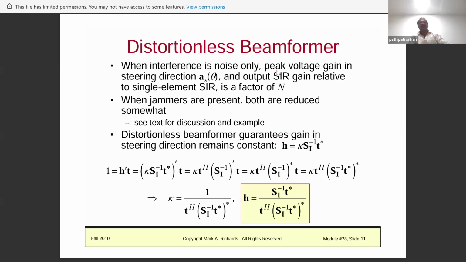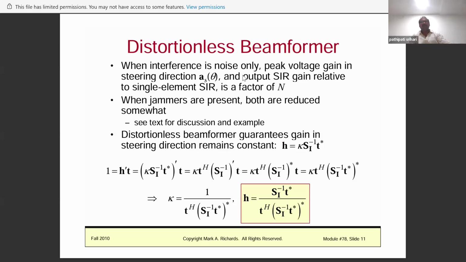Then the distortionless beamformer is another class associated with that. You can refer to the MVDR beamformer, Capon's beamformer, such kinds of things. We actually worked with variations of that with real data.